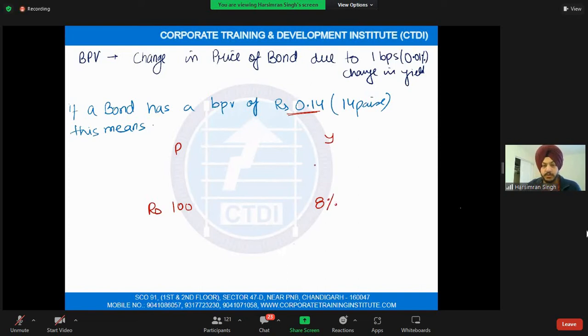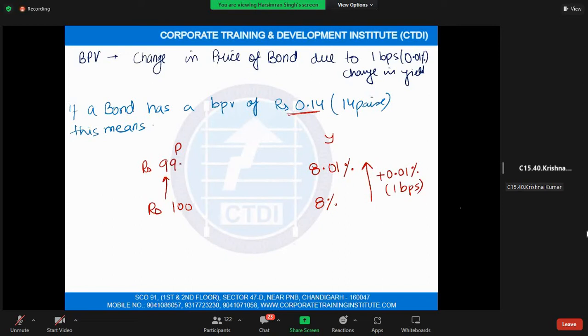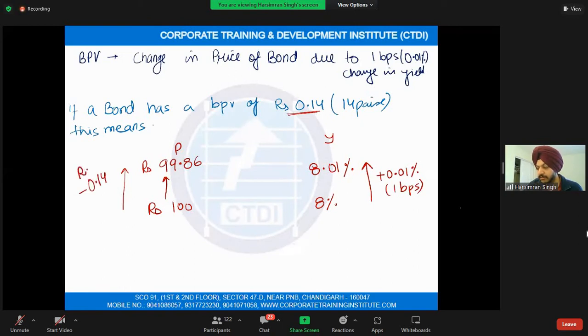If the yield goes up to 8.01, which means an increase of 0.01%, that means 1 basis point, the price will go down to rupees 99.86. Down, sir. That means price goes down by 14 paisa. Is that clear?